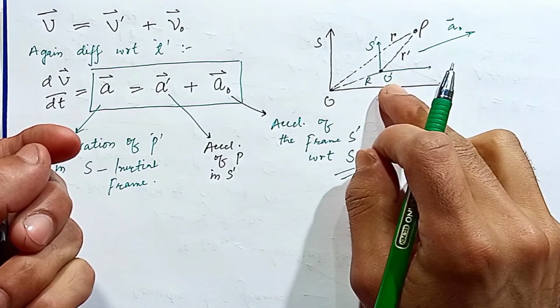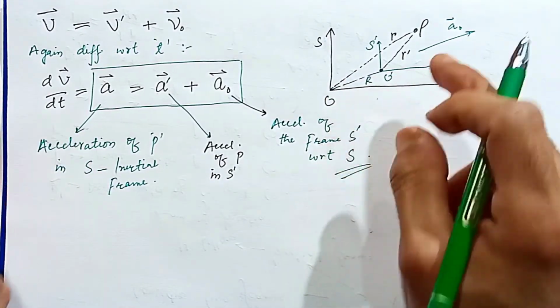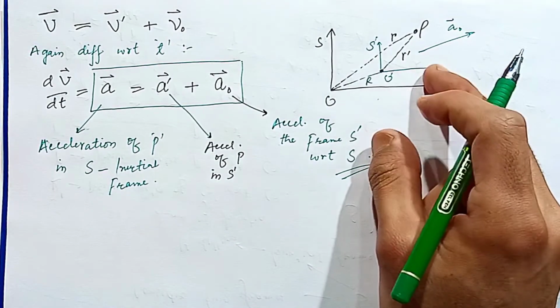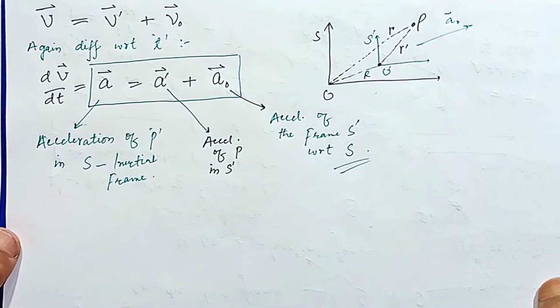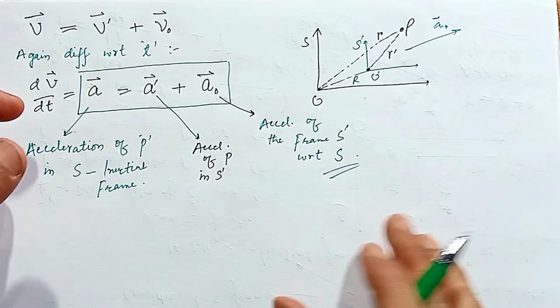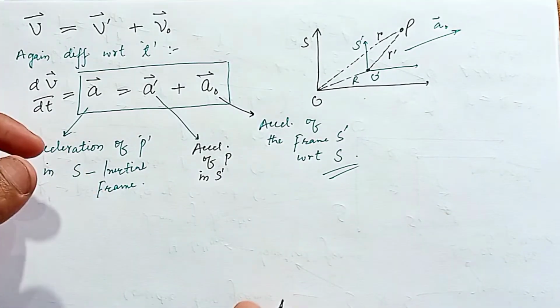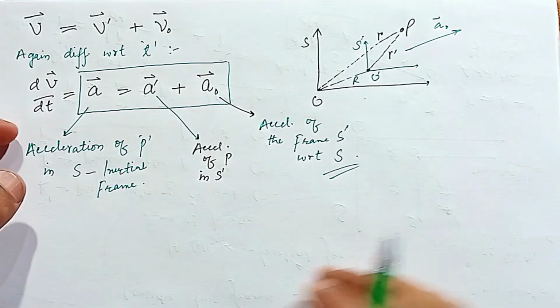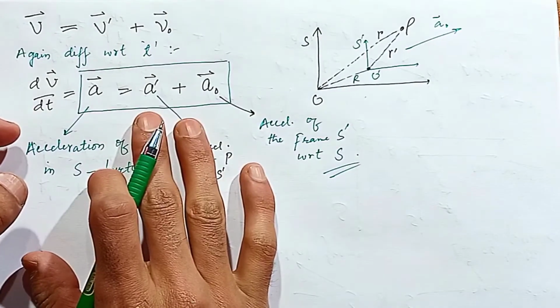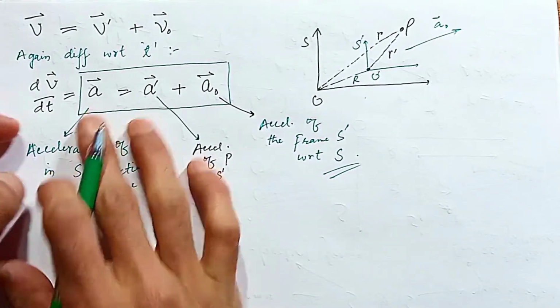So this O prime is accelerated, and this very acceleration gives rise to the forces which are called pseudo forces, which we'll discuss a bit later. So till now we have got this acceleration.